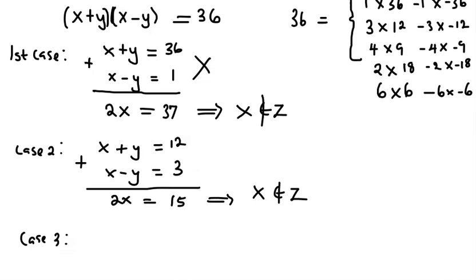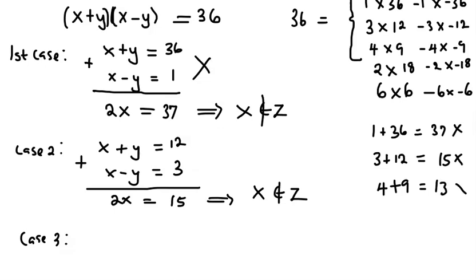For example, 1 plus 36 is odd, so there is no integer solution here. 3 plus 12 is 15, and 4 plus 9 is 13, so no integer solutions. 2 plus 18 is equal to 20, so we have integer solutions here. 6 plus 6 is equal to 12, so we have integer solutions.